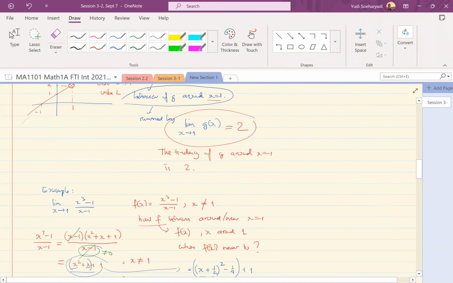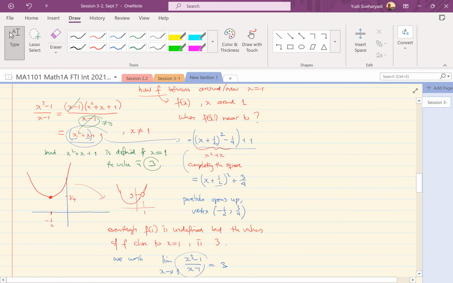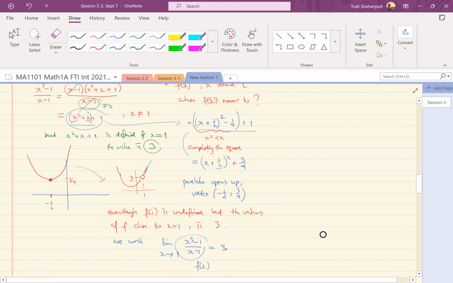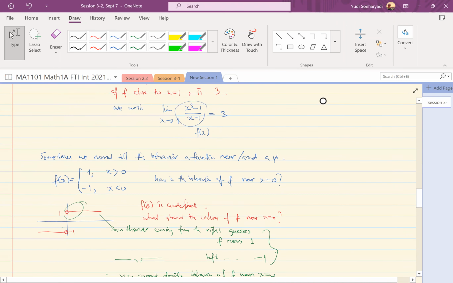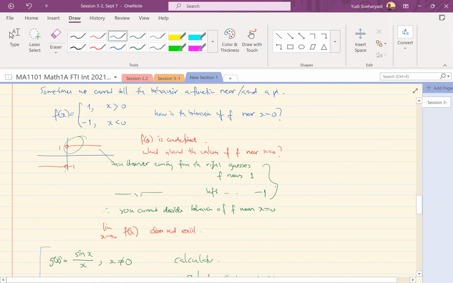Okay, but in this case, this is also true. An observer coming from the right says this should be close to 3. From the left also agrees, says this is also 3. Okay, so the limit is 3. But in this one, the 2 observers coming from the left and from the right cannot agree on a number. So this does not exist.